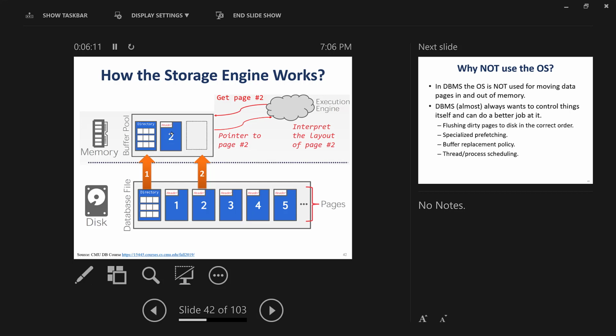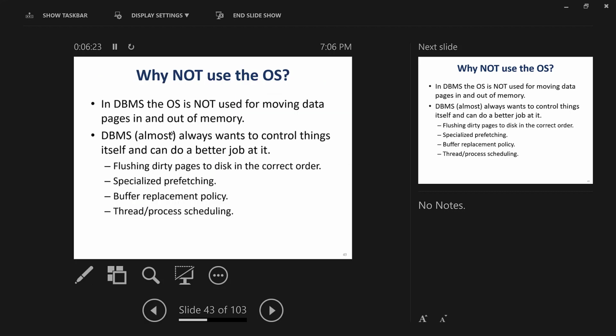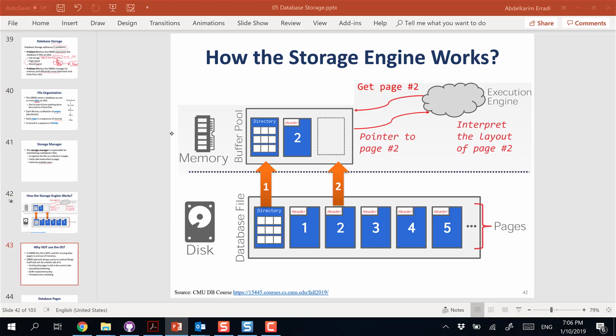Okay? We all know this because we cannot work on the disk directly. We have to bring the data we want into memory first. So the database does not rely on the OS to do this exercise.